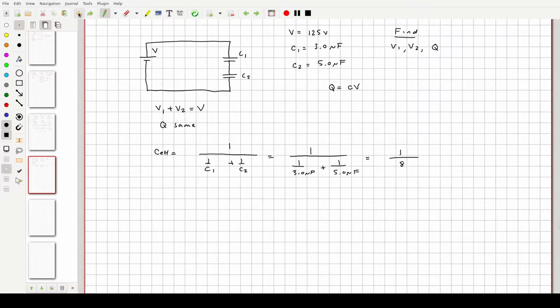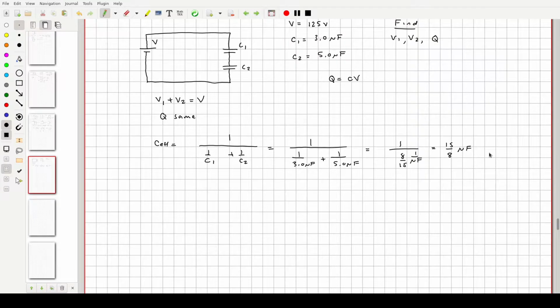And when you flip it, it becomes 15/8. Put that in your calculator. 15/8 is about 1.875.